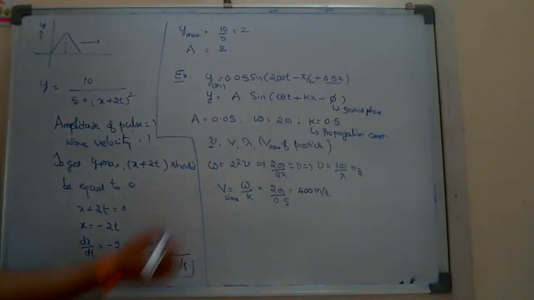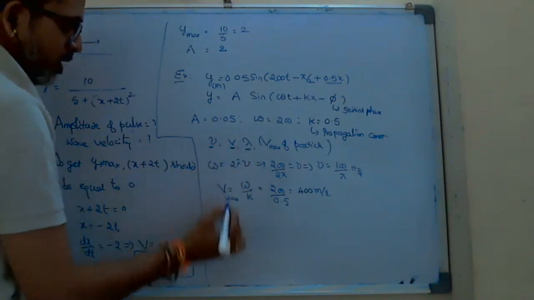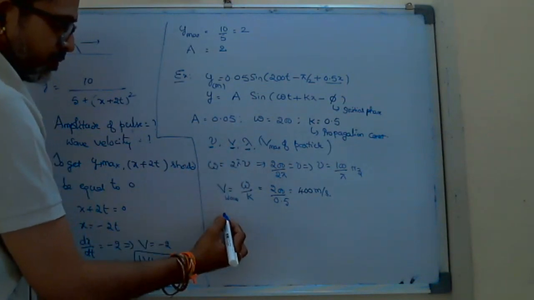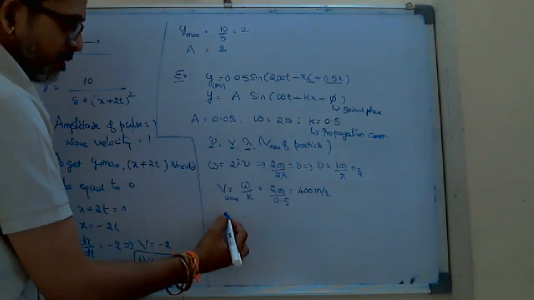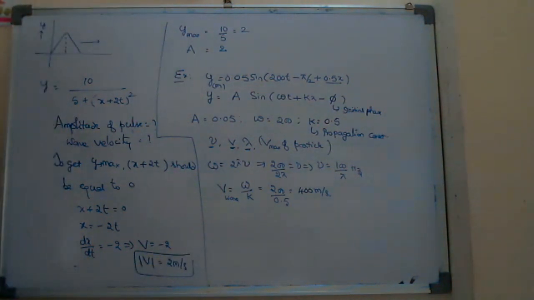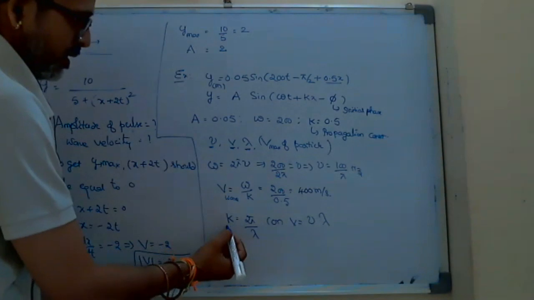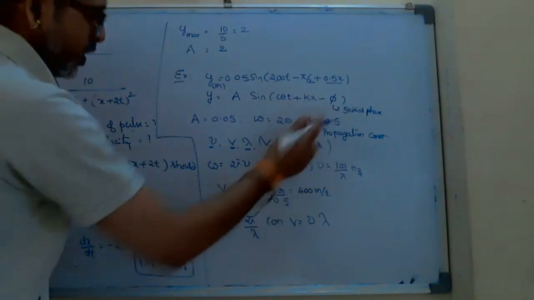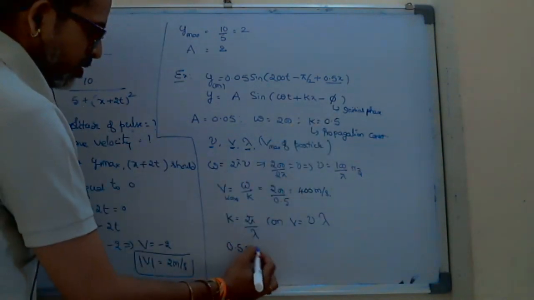Okay, the second part is over. How to find the wavelength? I take k equals 2 pi by lambda. How much is k here? 0.5. 4 pi, sir.